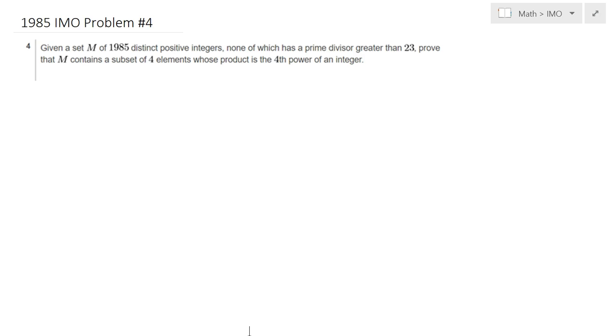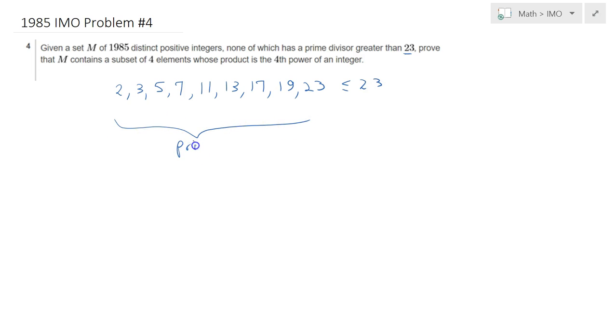Okay, so let's begin by first listing the prime numbers less than or equal to 23. So we would have 2, 3, 5, 7, 11, 13, 17, 19, and 23.